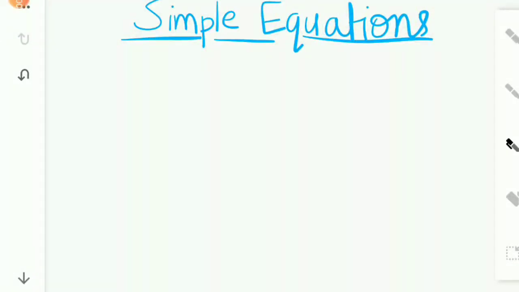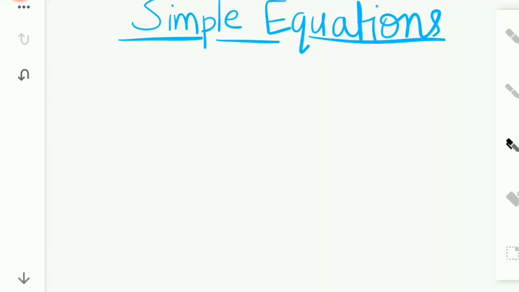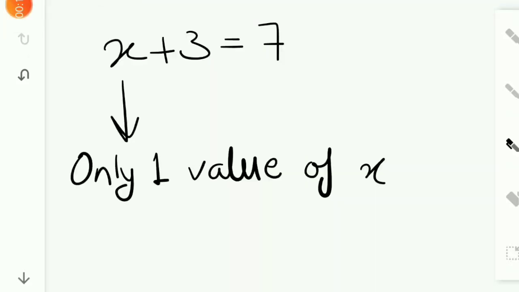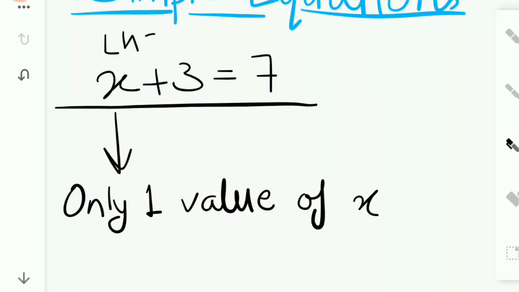As we saw in the last video, a simple equation can have one and only one solution. That means if I have this equation x plus 3 equal to 7, then there exists only one value of x, which when put in this equation balances LHS and RHS.